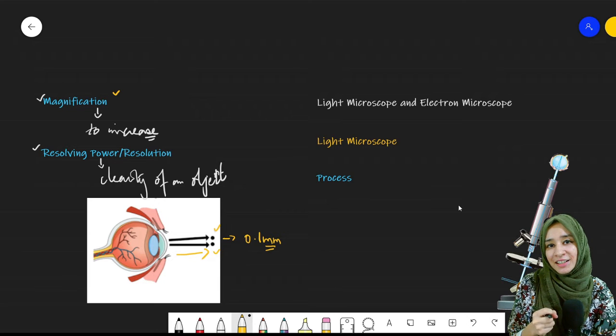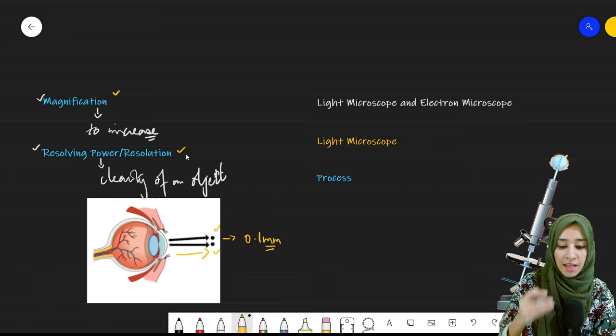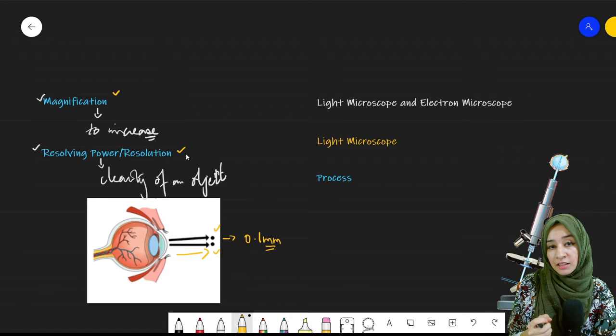Clear? So the smallest size to which the lens can identify and magnify it, which can be seen clearly, we'll say as the resolution or resolving power of that microscope.